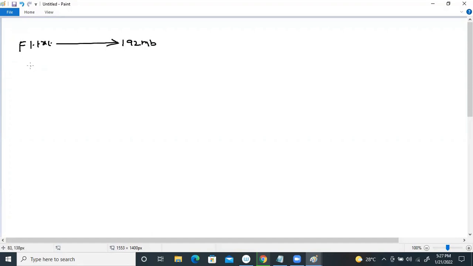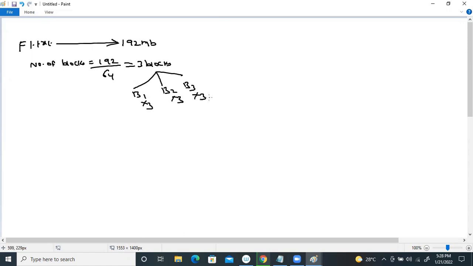Number of blocks equals file size divided by default block size, that is 3 blocks: B1, B2, and B3. B1 is replicated 3 times, B2 replicated 3 times, B3 replicated 3 times. Totally you are going to get 9 blocks.